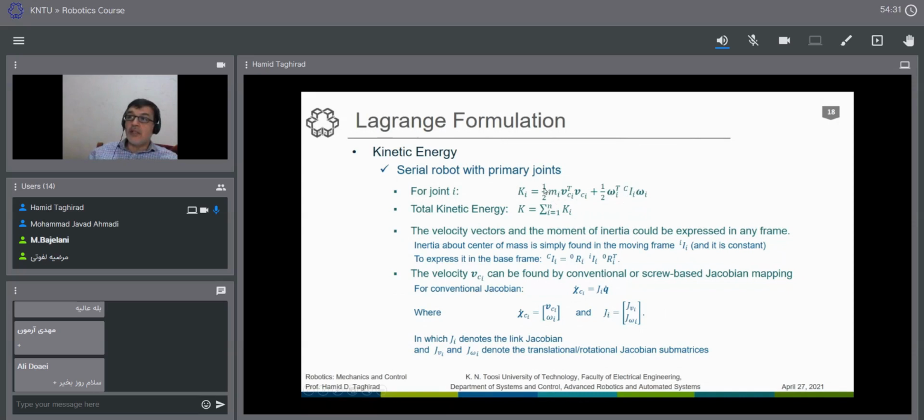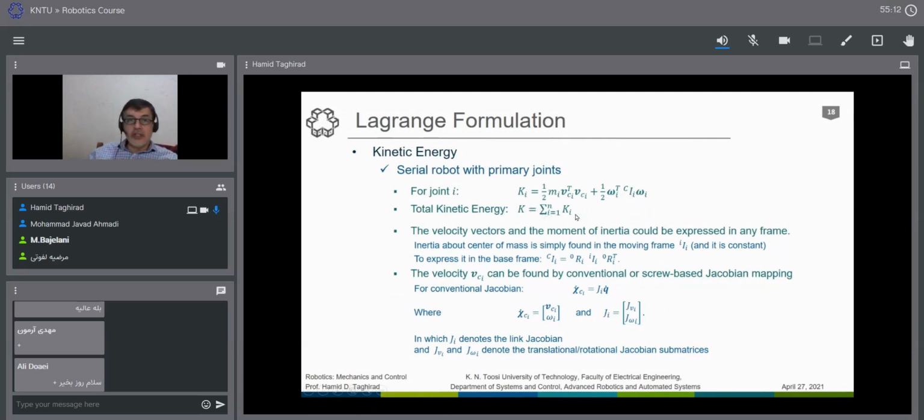This comes to 1/2 m_i v_Ci squared, where v_Ci is the velocity of the center of mass of each link, plus the angular term with I_Ci, basically the moment of inertia with respect to the center of mass of the link that we would like to find. And then we do it for each link and just sum them up as the total kinetic energy.